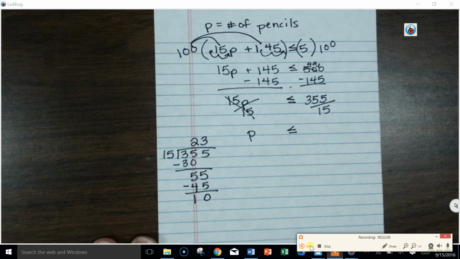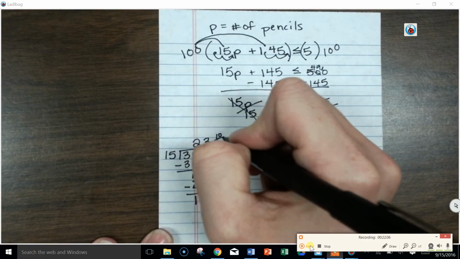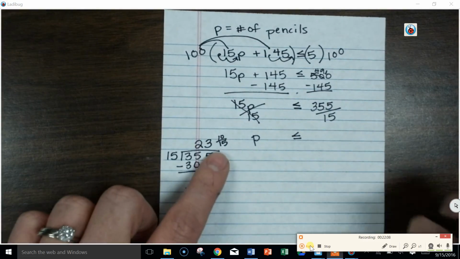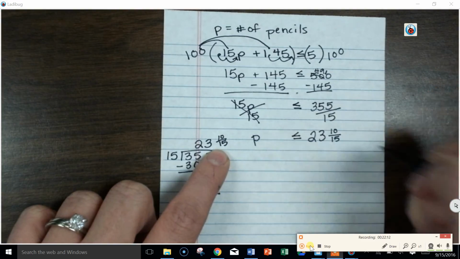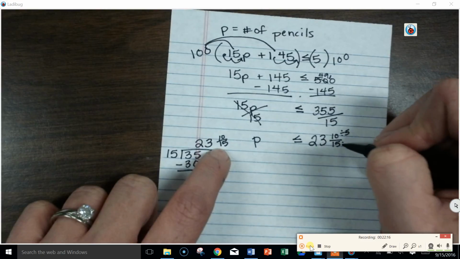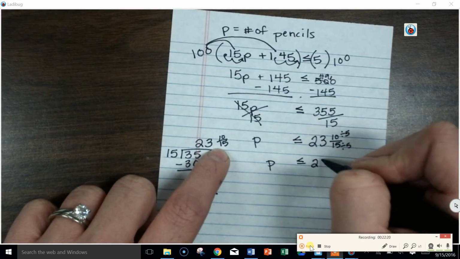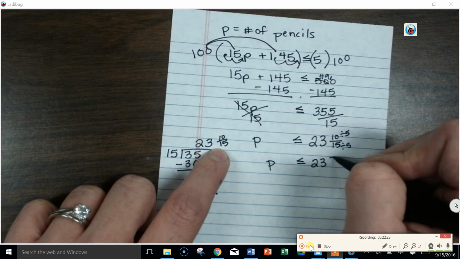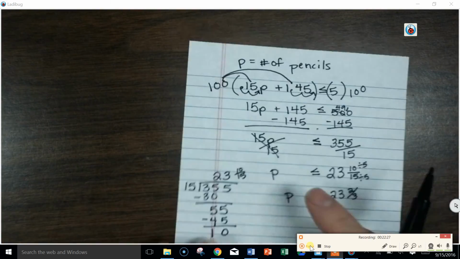I have a remainder of 10, so I write that as 10 over 15 as a fraction, like this. So I have 23 and 10 over 15, which I want to reduce. So 5 goes into both of those. So p is less than or equal to 23, and 10 divided by 5 is 2. 15 divided by 5 is 3. 23 and 2/3.